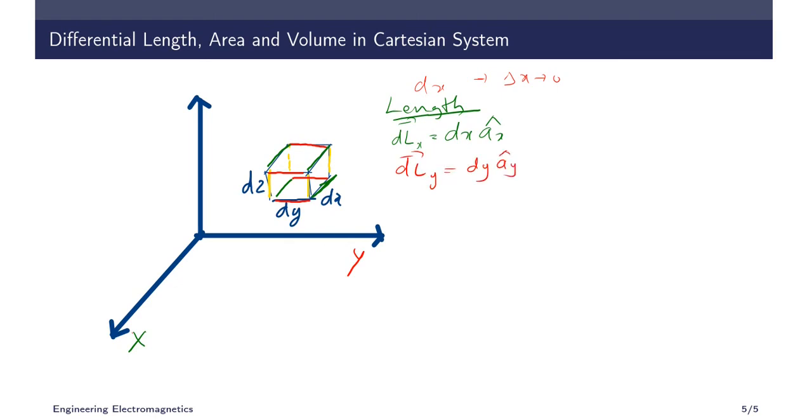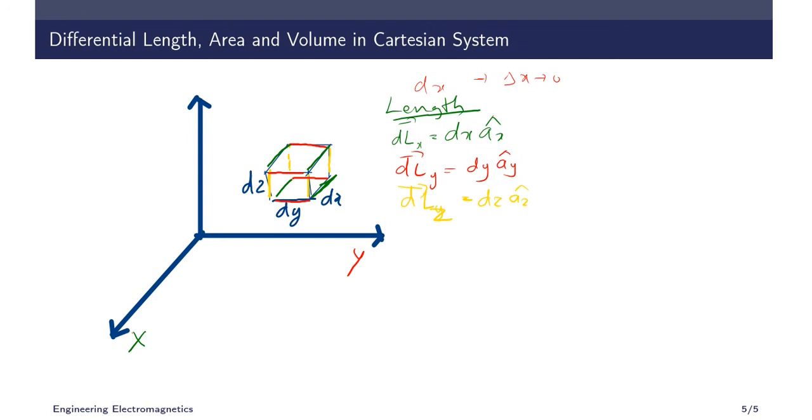There is no other unit vector because it is in the direction of y. And whatever is represented in yellow, that is dl along the z-axis, its length is dz and unit vector is az cap. So these are the differential lengths in different directions.